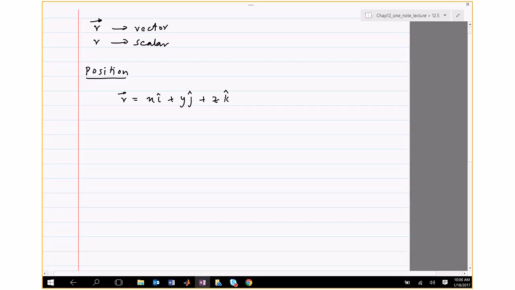Now, I also wrote down I, J, K. These are vectors of unit magnitude. Unit magnitude vectors in X, Y, Z direction.